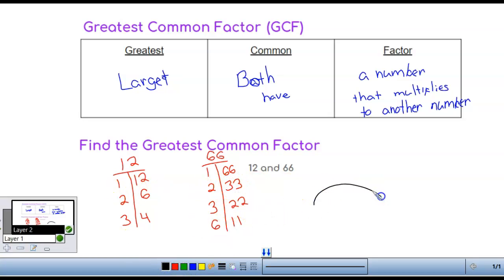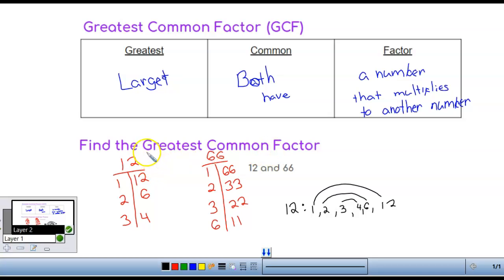I can use the rainbows, so I can have my 1 and 12, my 2 and 6, my 3 and 4. I know I'm stopping at 3 and 4 because there's nothing in the middle, only decimals, so there's nothing to go into 12. If you wrote it like rainbow, that's fine. Make sure you do the same with 66.